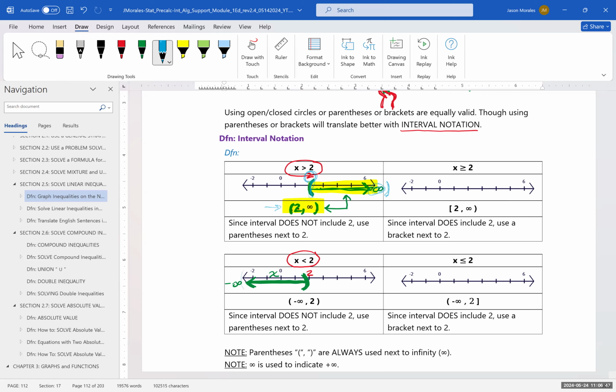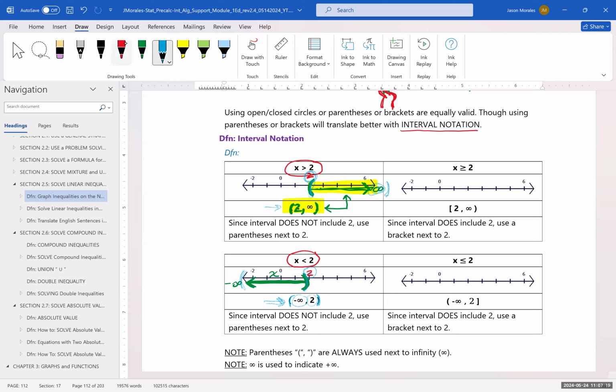We start on the left with a left parenthesis, negative infinity, and then reading left to right, we have 2 and a right parenthesis. So you write interval notation from left to right as though you were looking at a number line from left to right.